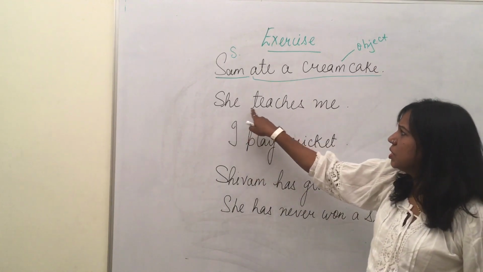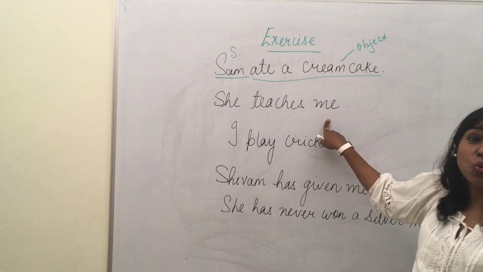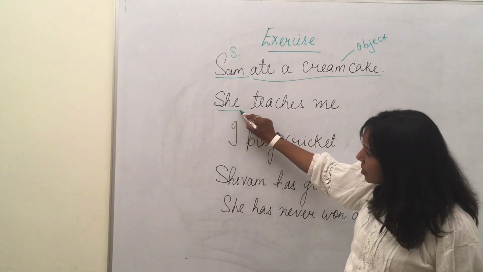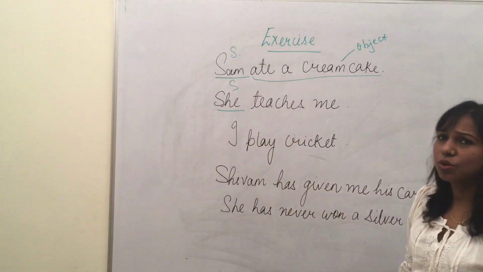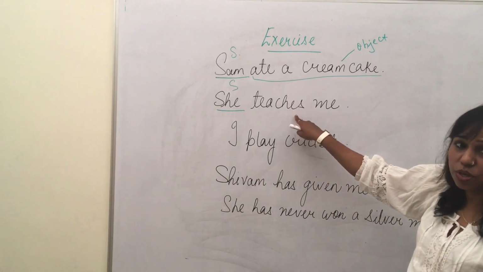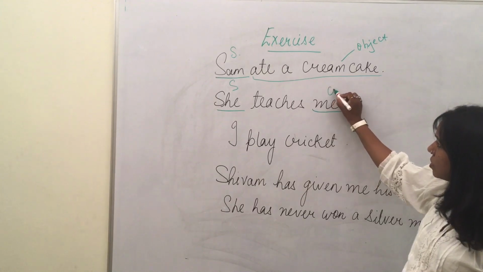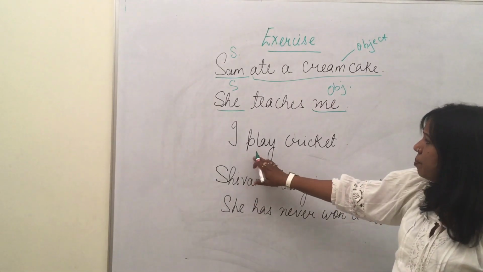Okay, she teaches me. Question: who teaches? She teaches. So I am getting the answer, and this becomes your subject. Whom does she teach? She teaches me. I am getting the answer, so this becomes the object. Clear? Now, I play cricket.